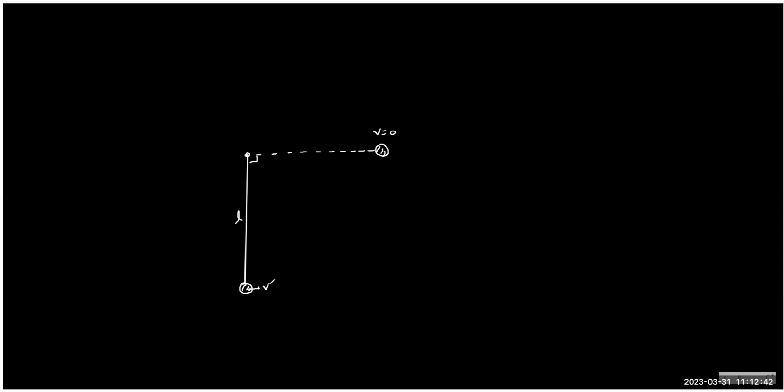Because they're asking V, we can only conserve the energy and we will get the answer. So what is the answer? How much V is required to go there?